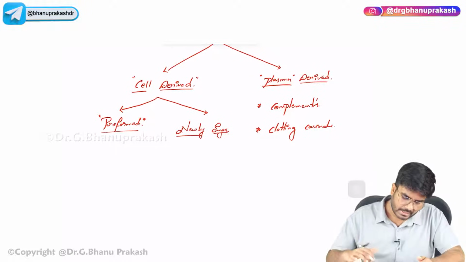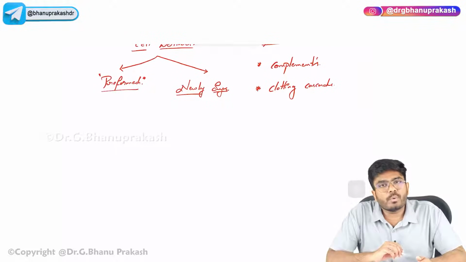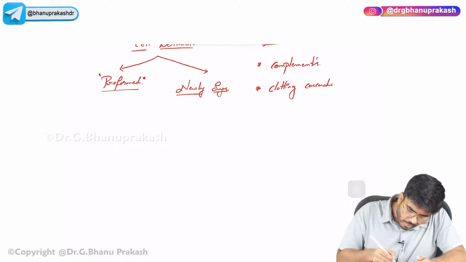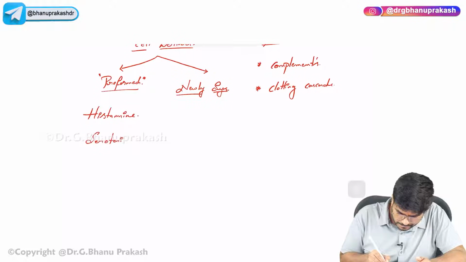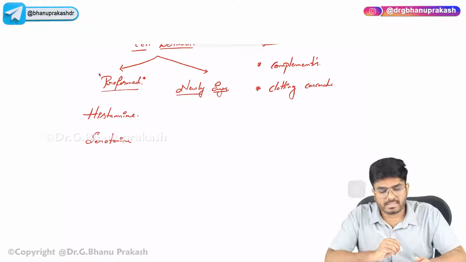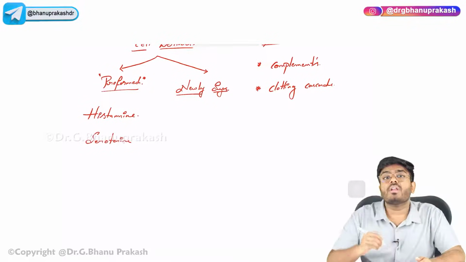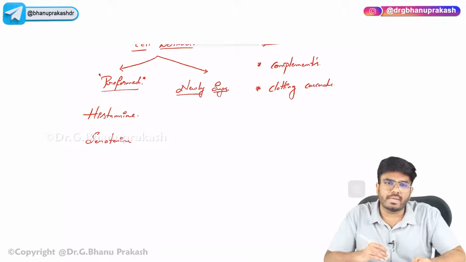So what are the examples of preformed inflammatory mediators? Histamine and serotonin. These are preformed. Then what are newly synthesized inflammatory mediators?